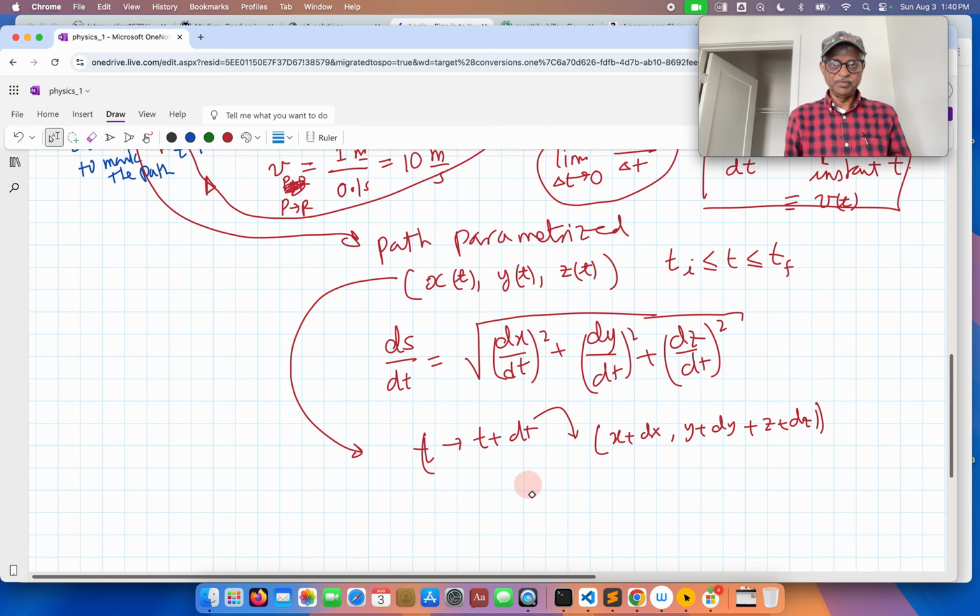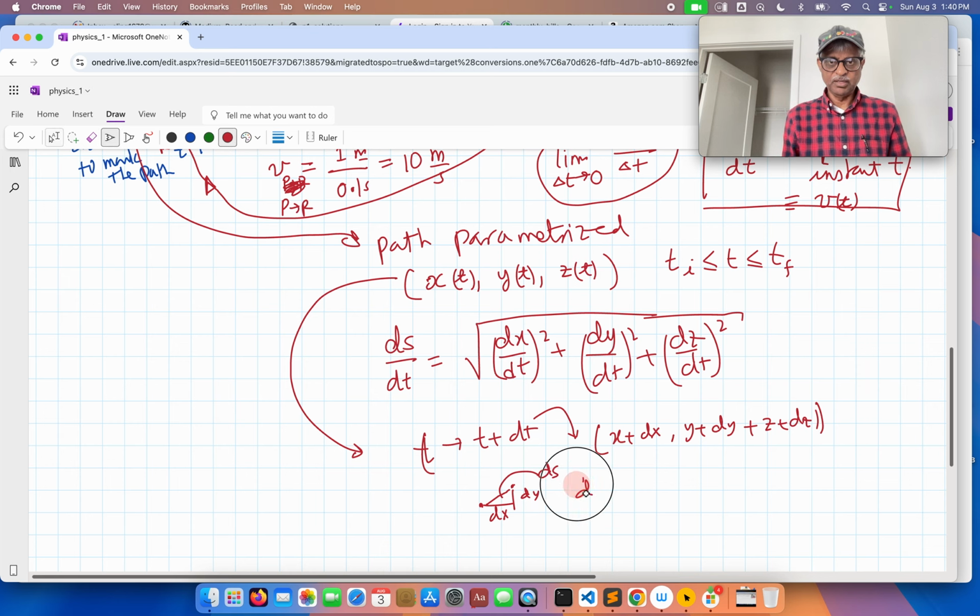So the distance, if I go from here to here, and this is dx, dy, just in 2 dimensions, this will be ds.